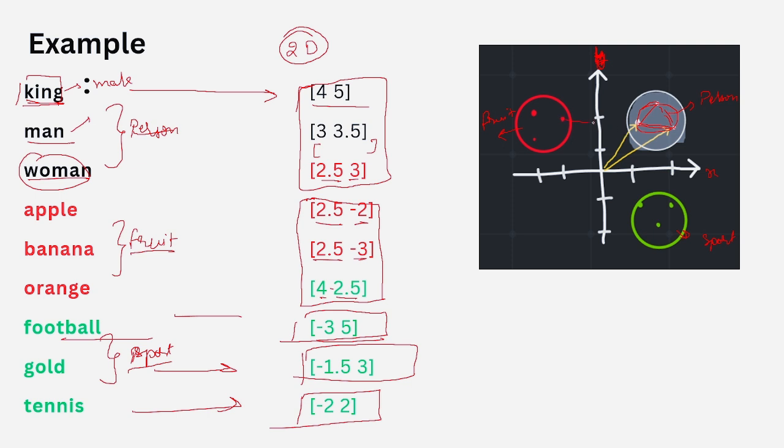But this distance is very large, so we cannot say there is a similarity between these points. Apple, banana, and orange are in the same similarity group, and football, gold, tennis are in the same group. This is another example of word embeddings. I hope it is now crystal clear. Let's go to the next slide.